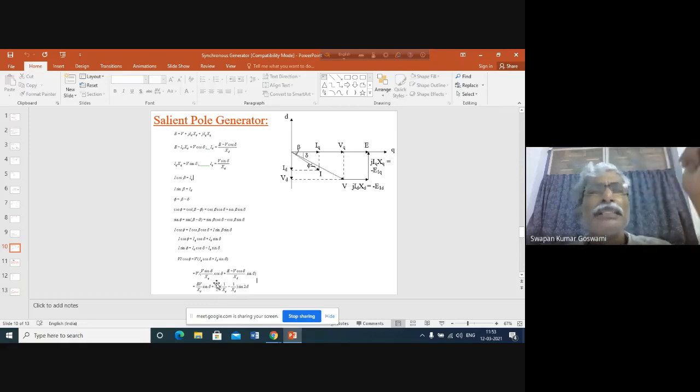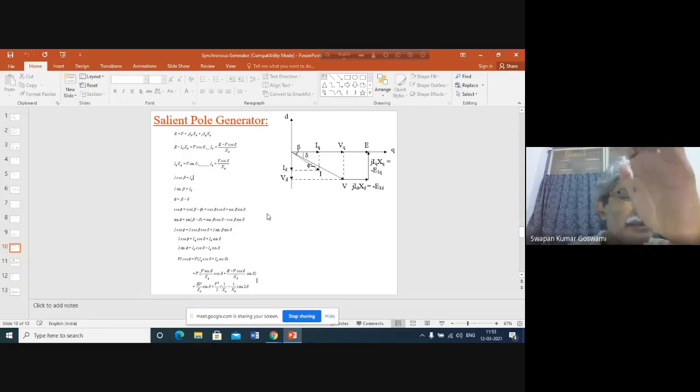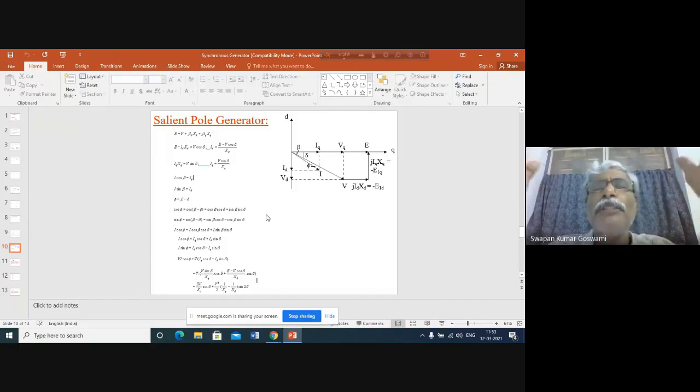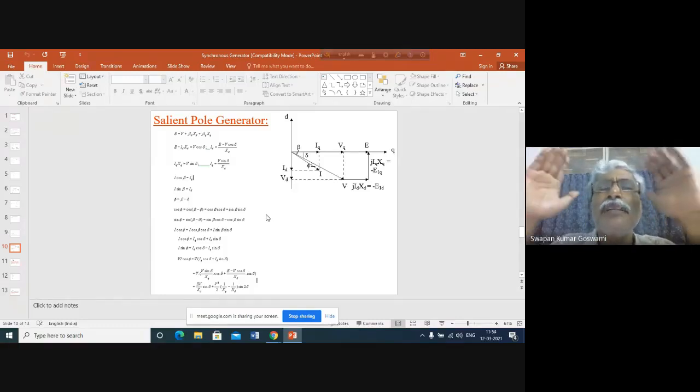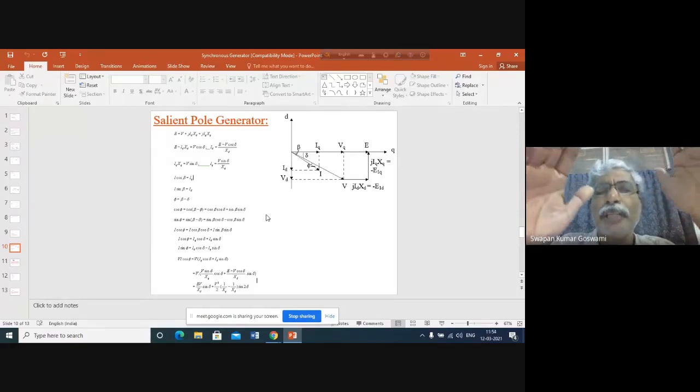using the same logic as the cylindrical rotor machine? The stable operating zone will be from 0 to the delta value where it is peak, that means from 0 to a value which is less than 90 degrees. That means the zone of stable operation is reduced in the case of the salient pole type machine. Am I clear?